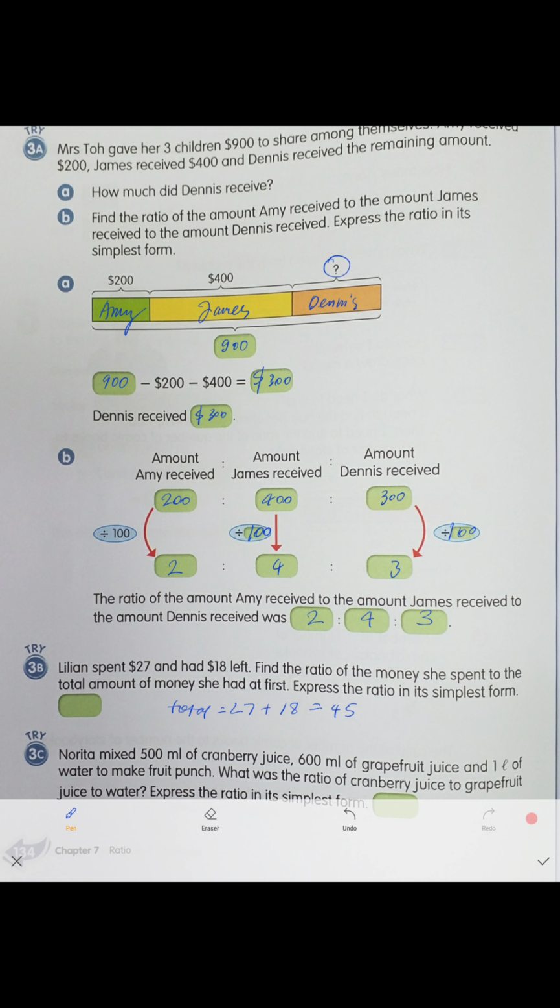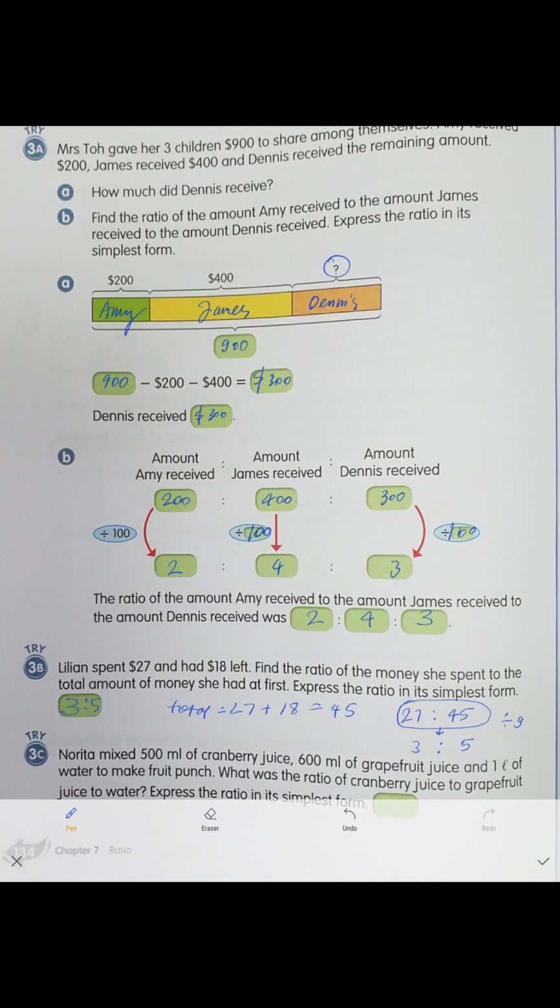She spent to the total of money, right? So she spent 27 and the ratio 45. We need to find this ratio. So we need to simplify it. How can we simplify it? We can divide everything by 9, right? 27 divided by 9 is going to be 3, and 45 divided by 9 is going to be 5. So our answer is 3 to 5.